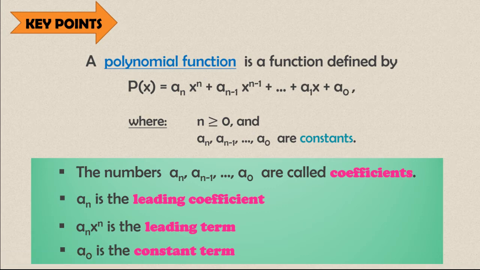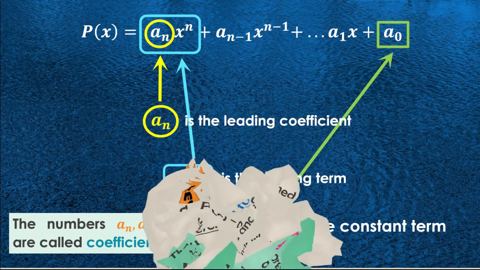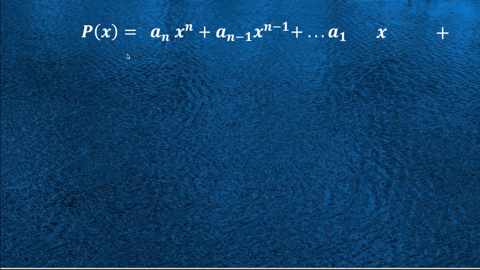Now let's have a closer look at this polynomial function. So we have p of x, the polynomial function in x, equal to a sub n x raised to n plus a sub n minus 1 times x raised to n minus 1 plus so on and so forth plus a sub 1 x plus a sub 0.